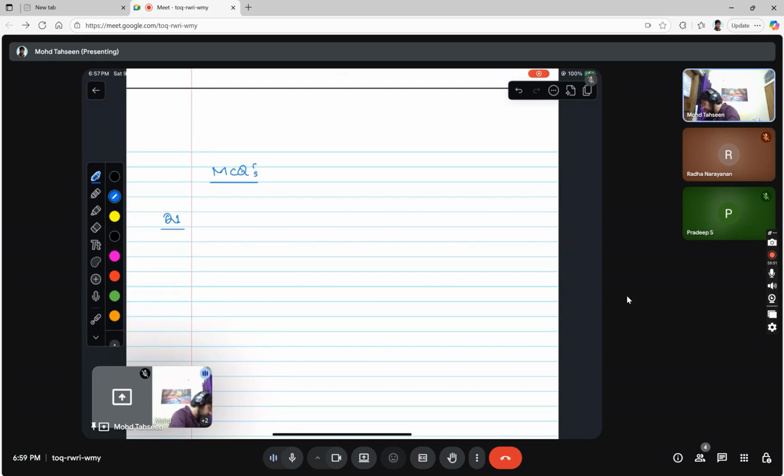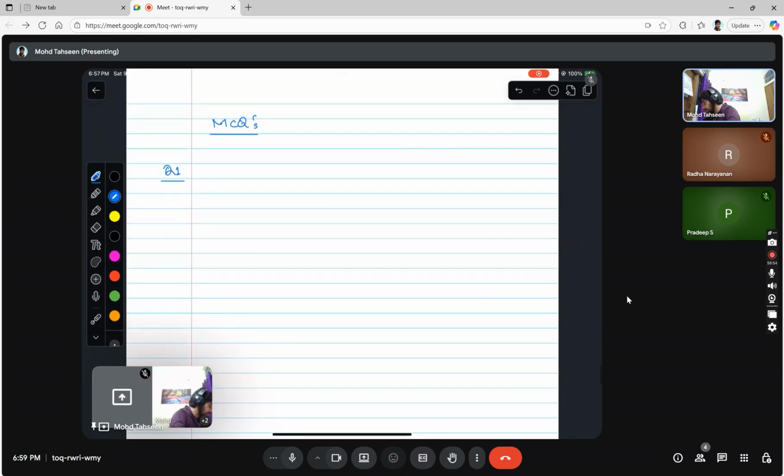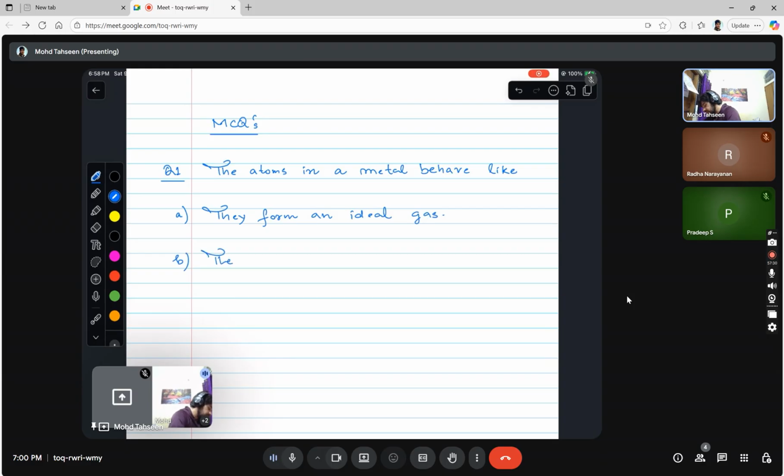This is the first one. The atoms in a metal behave like, okay, this is what we were discussing till now. A, they form an ideal gas. B, they are fixed in position.